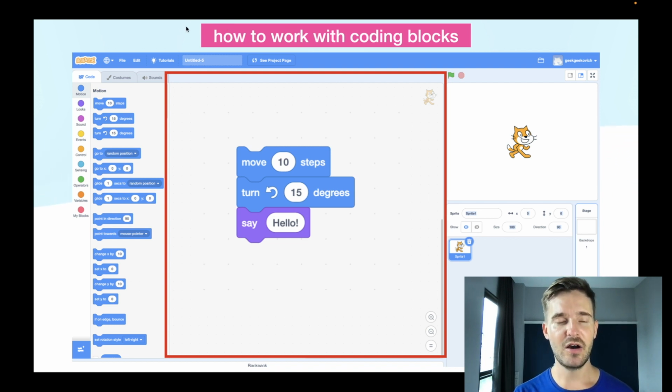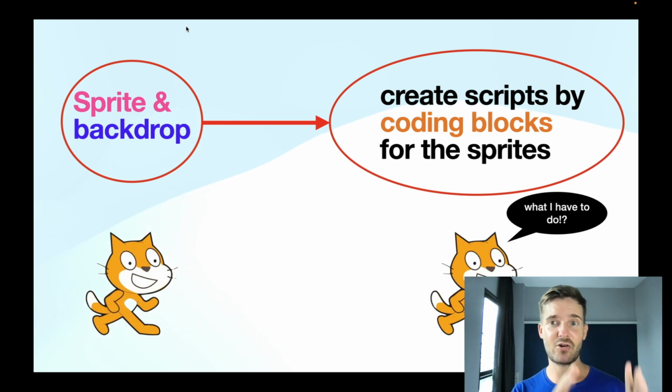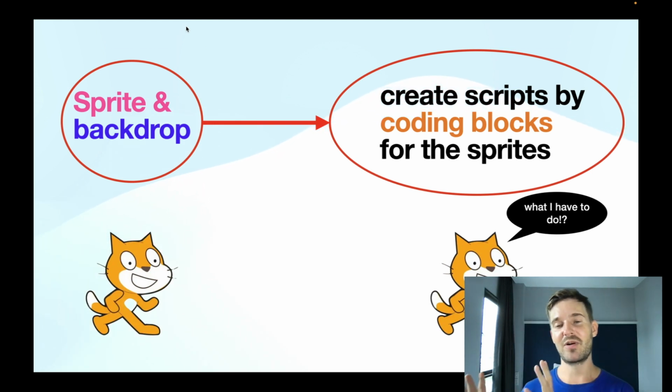Move block on the top, then turn block, and then say block. So in the end, the cat is going to say hello. It's a basic concept of how you can create something in the Scratch editor. Firstly, you create a sprite and backdrop, and then you provide scripts for the sprite using coding blocks.